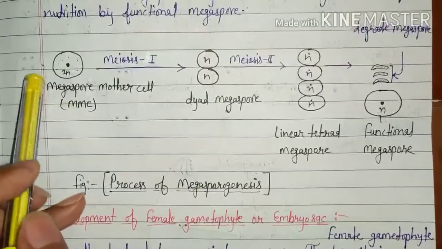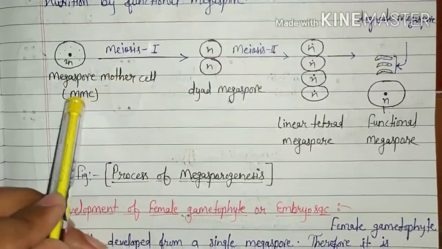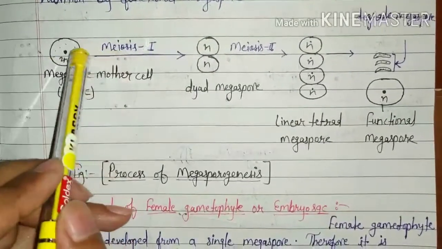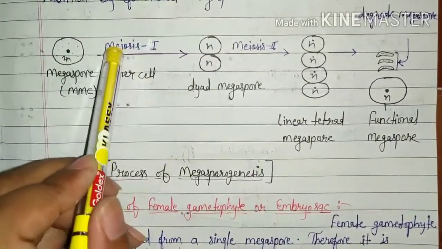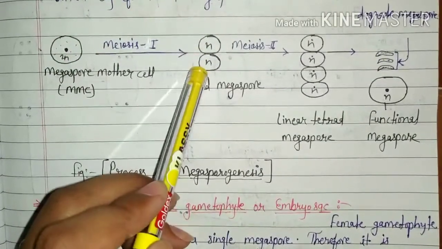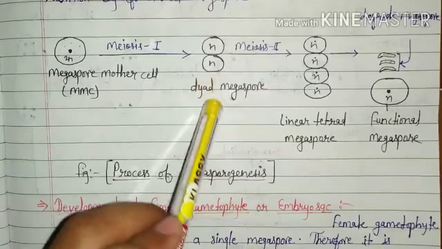Let's see the diagrammatic process. The megaspore mother cell, MMC, is in the diploid stage. The first meiotic division takes place in this and forms 2 dyad megaspores, haploid.